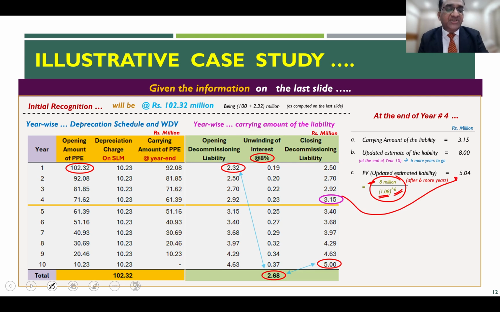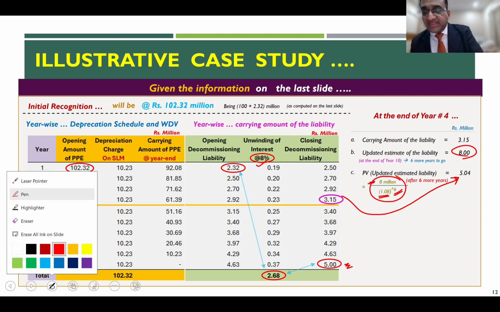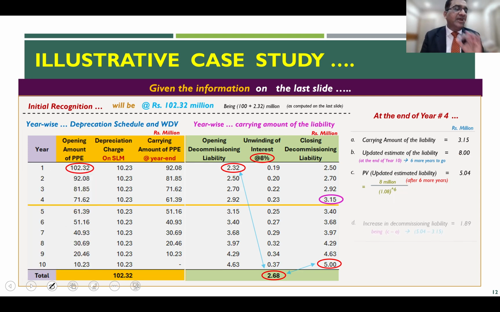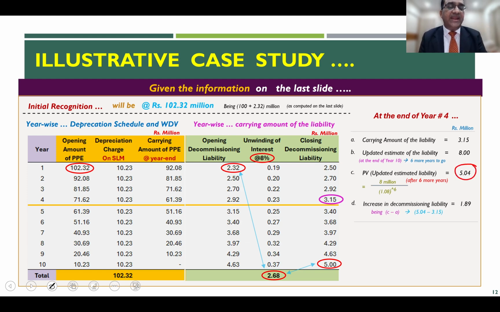So 5.04 should be the balance at the end of the fourth year, which will give you 8% unwinding, and at the end of the 10th year you will have the required 8 million of liability balance. And therefore, now you have to increase. What is the increase in the liability? This is what you need, and what you have is only 3.15.